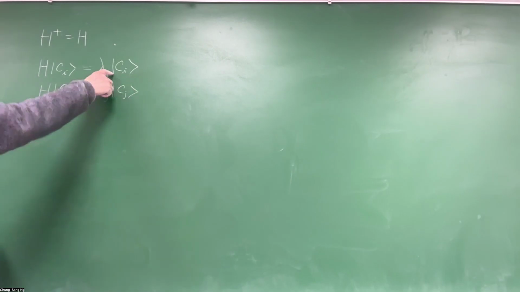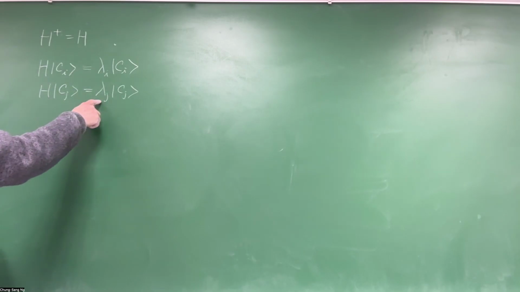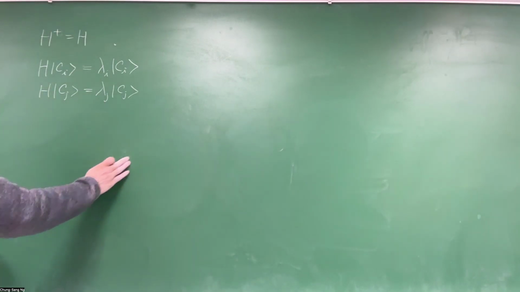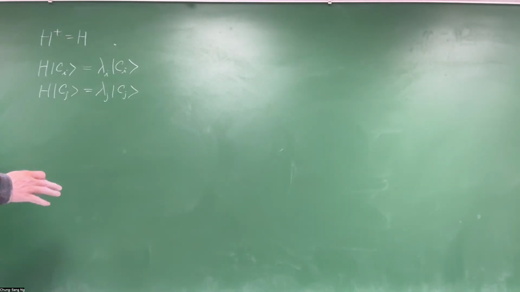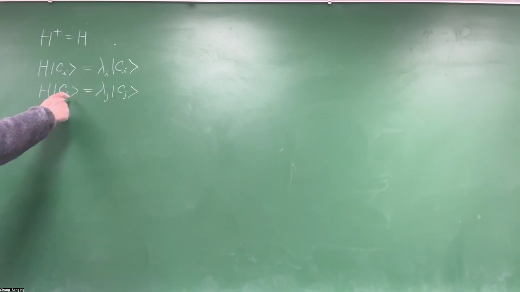And first, we assume that for i not equal to j, lambda i is not equal to lambda j, that's non-degenerate. But then we can generalize to the degenerate case. But we'll do the non-degenerate case first, right?